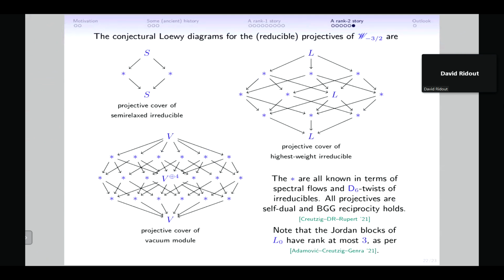It's not a self-extension, no. So, for example, over here I have 4 irreducibles, which are glued together, right? So the socle is irreducible, the head is irreducible, but then the second Loewy layer is the direct sum.